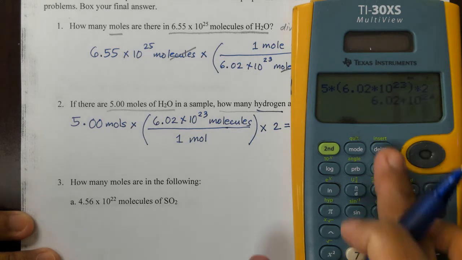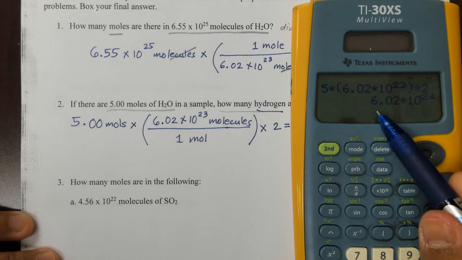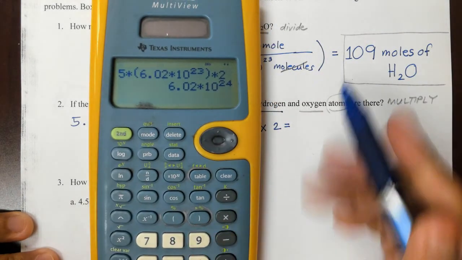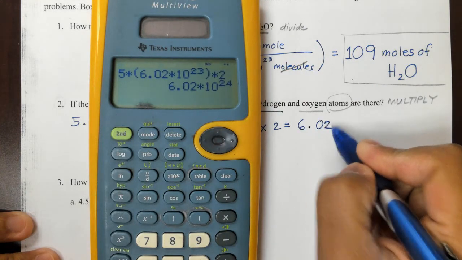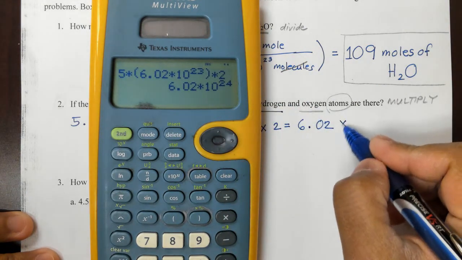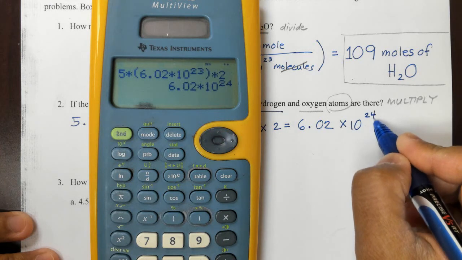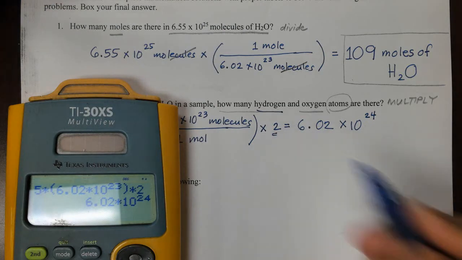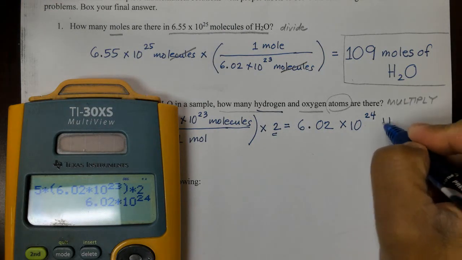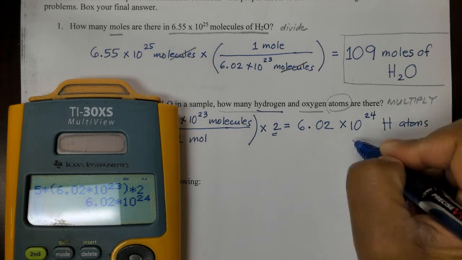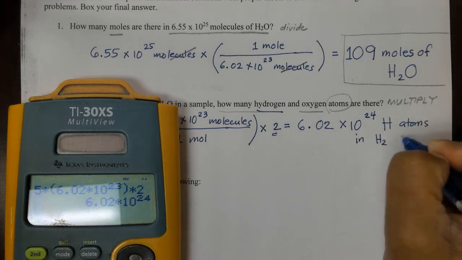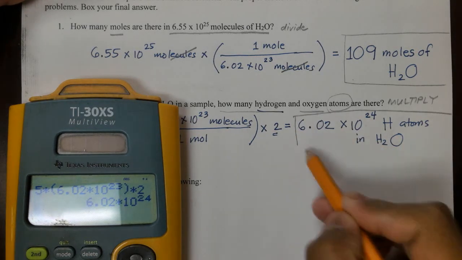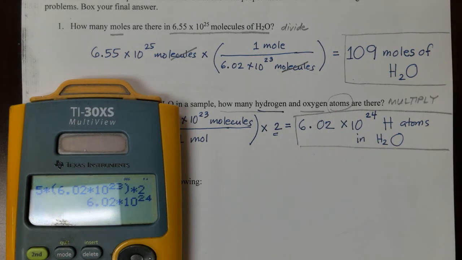And then we enter, we see all the numbers, and we are given already the 3 significant digits, so all we need to do is copy whatever is there. So that's 6.02, and the exponent, please don't ignore that, that's times 10 to the 24. And because this is for hydrogen, because that's times 2, you're going to say H atoms in H2O. And that is the answer for the hydrogen.